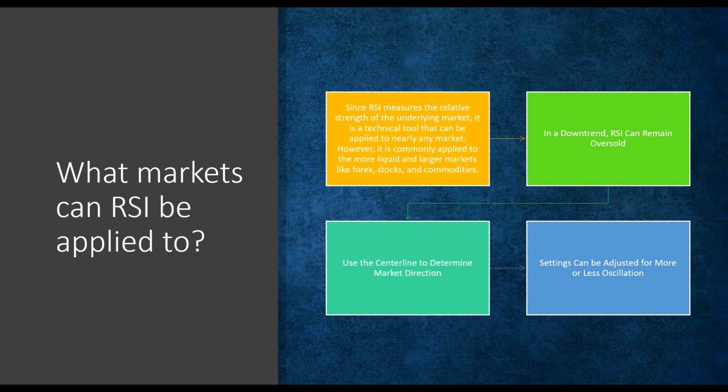So when the RSI breaks above 50, moving towards 70 or higher, regardless of what number it is, that is telling us that the market, and it should be matching the market, is beginning or moving in an uptrend. When it's above 50 and falling below, it should be telling us that the asset is starting to move or is in a downtrend. So it will help us identify trend direction.